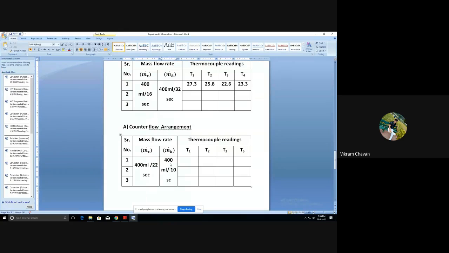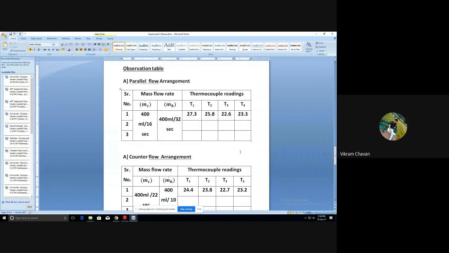Then T1: 24.4, T2: 23.8, T3: 22.7, and the last one 23.2. So these are the readings.